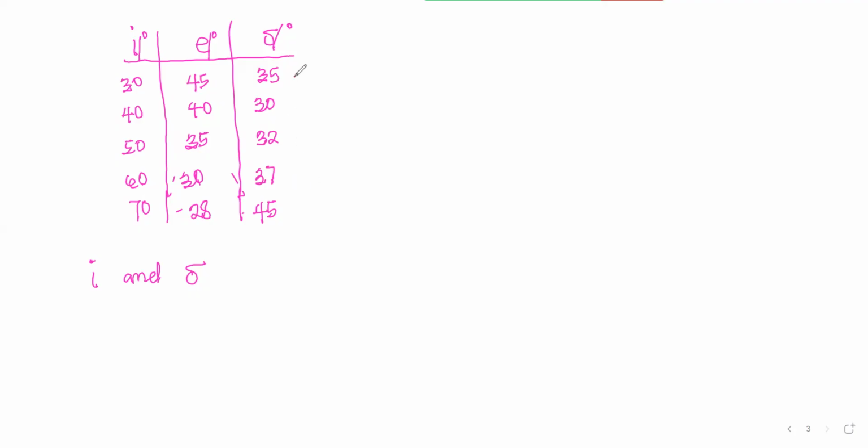So it decreased from 35 to 30, then from 30, instead of a continuous decrease, it rather increases: 32, 37, 45.